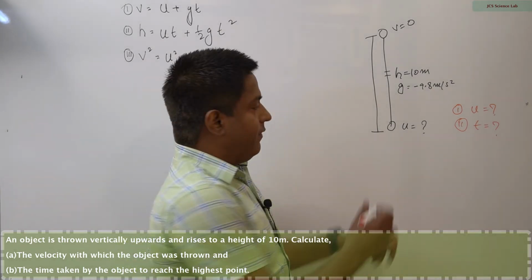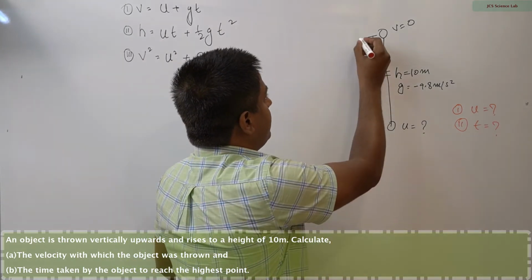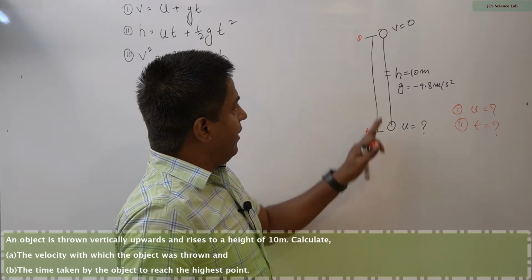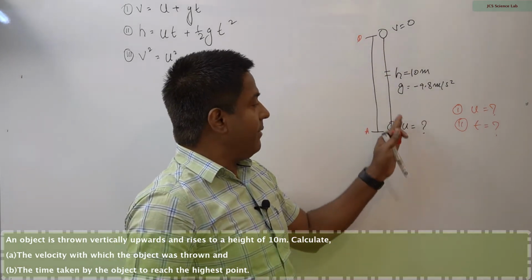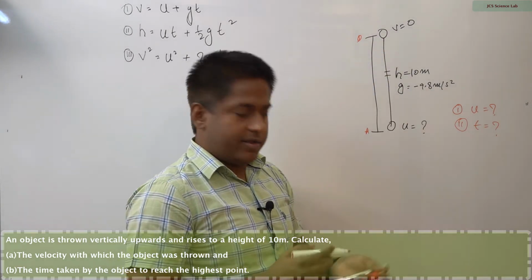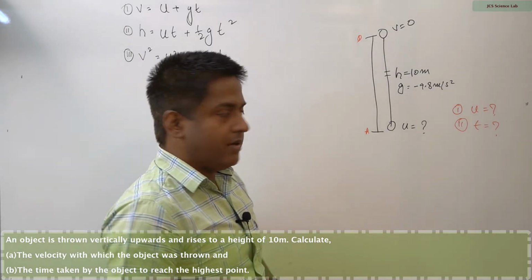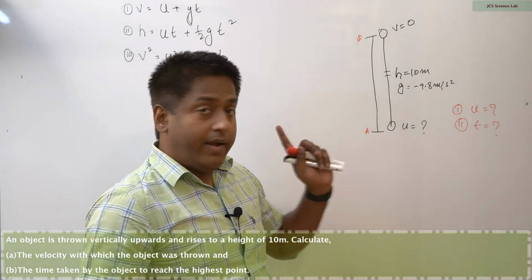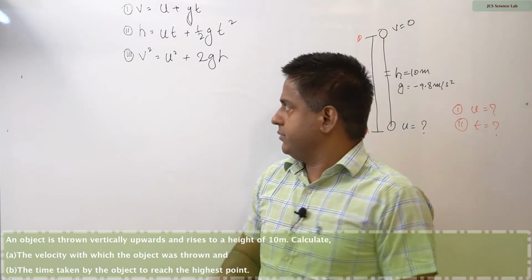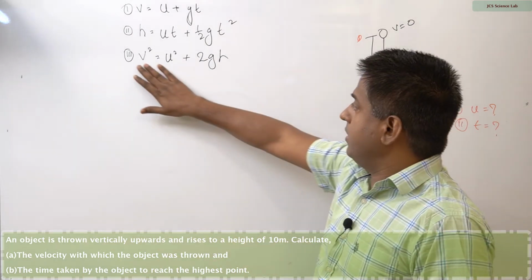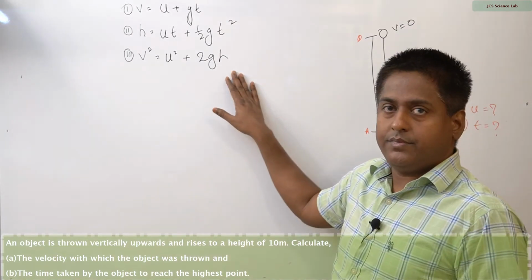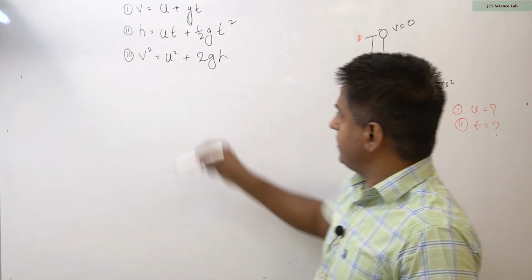Let's say this is point A and this is point B. From point A to point B, time taken to reach the highest point. Which equation can we use here? When time is not given and height is given, we can use the third equation of motion.